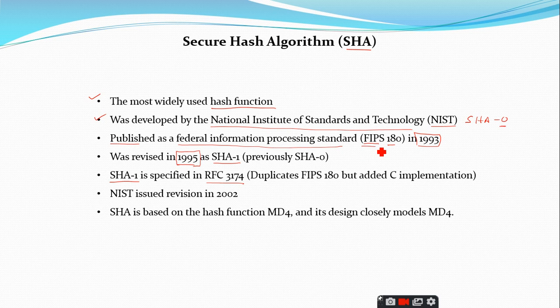SHA-0 is defined inside FIPS 180, and SHA-1 is defined inside RFC 3174. Remember that SHA-1 and SHA-0 do not have much difference. RFC 3174 is nothing but a duplicate of FIPS 180, but they added the modifications as well as the C implementation for the SHA-1 algorithm.